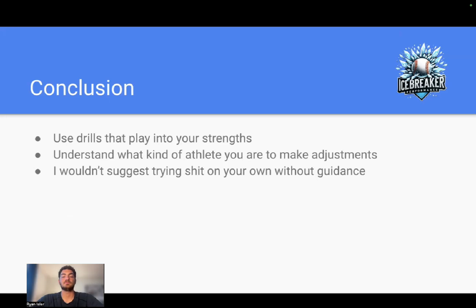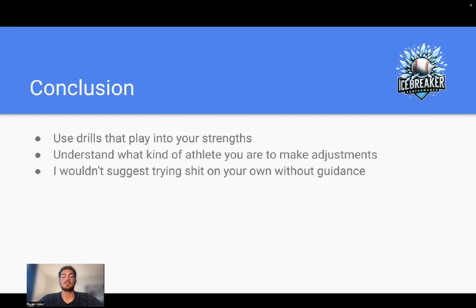And in order for you to make the adjustments, you need to understand what kind of athlete you are. Again, if you're just guessing, then sometimes you're going to guess right and you're going to do a drill that clicks, but a lot of times you're going to guess wrong and you're going to move yourself a little bit backwards, right? So you're not going to make progress at the rate you want to, because every time you make a wrong guess, you're wasting reps.